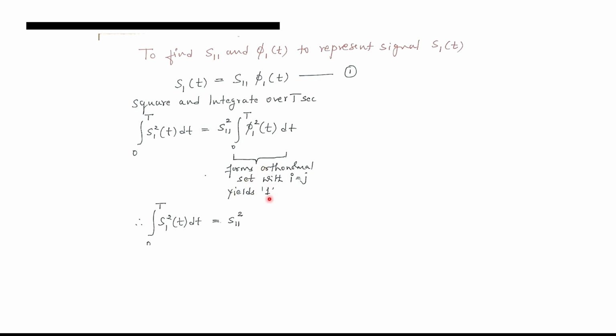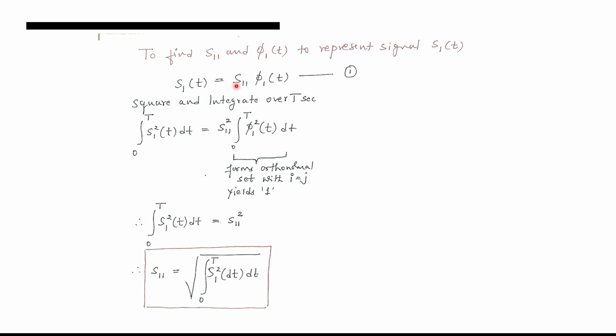So when you multiply this unit magnitude with S11 squared, we get S11 squared. Therefore, we can take the square root of this equation, which yields the first vector value of the first signal S1 of t, given by S11 equal to the square root of integral 0 to T of S1 squared t dt.